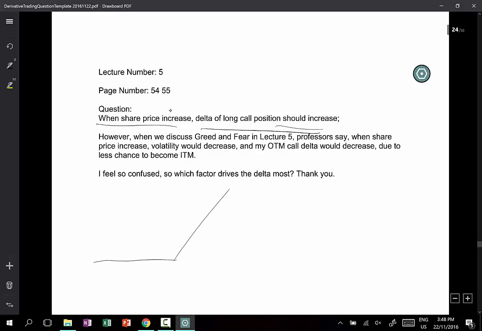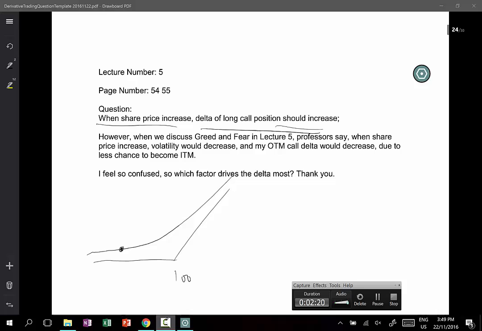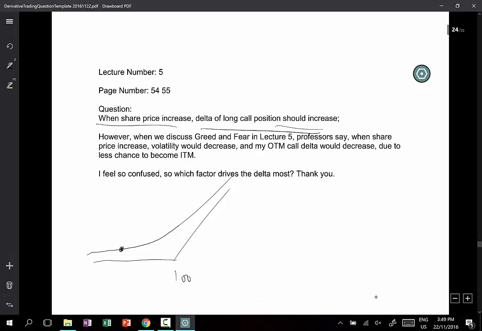when you have a call option, and let's say the strike is 100 and the spot price currently is 90. If the spot price goes from 90 to 95, then as I have said many times before, of course your delta will increase.